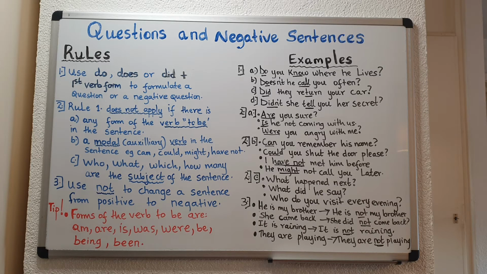Okay? All those are examples of verbs in their original form. That is, in the first verb form, or what we call the base form. Okay? Before the verb changes into different tenses.